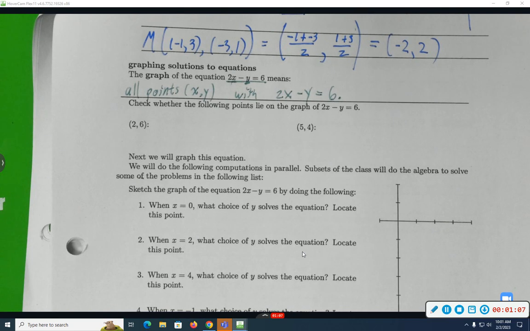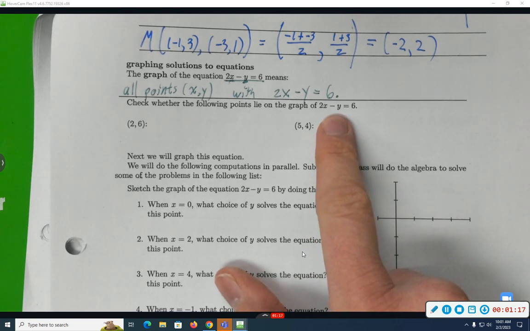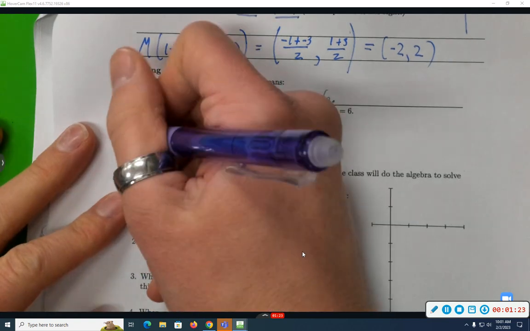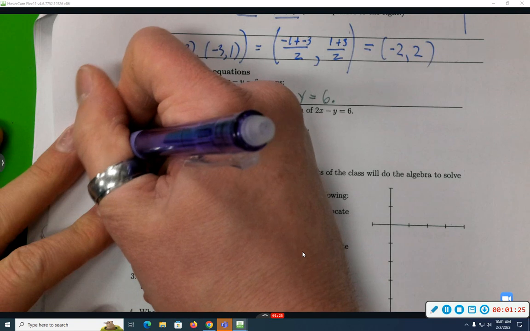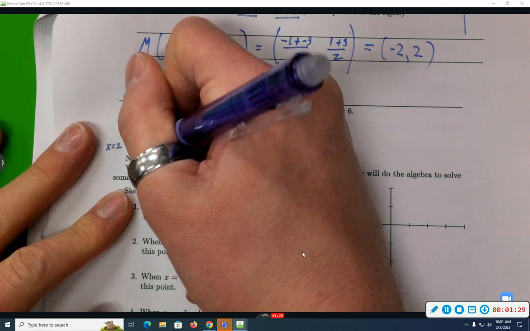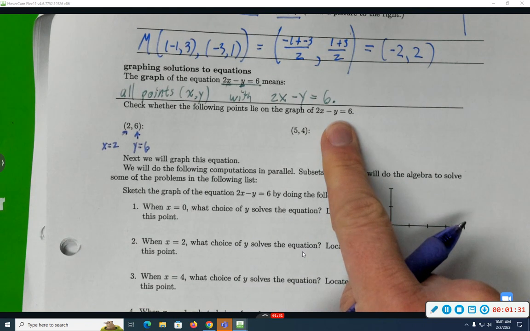So, as just a quick demo, here are two different yes-no questions. Are these points or are they not on the graph of this same equation, 2x minus y equals 6? So how do you test that? You just need to test if you plug in this value for x, that value for y, do you satisfy this equation?